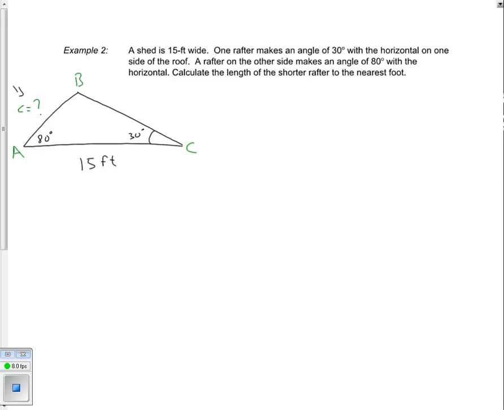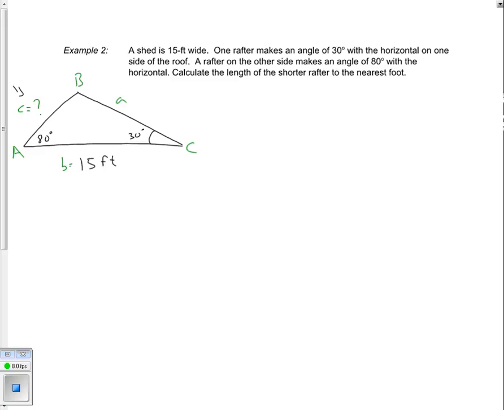We don't know the length of A. We do, however, know the length of B. Okay, so if we're going to do this problem, we have to figure out which trig thing do we use? Do we have a 90-degree angle?